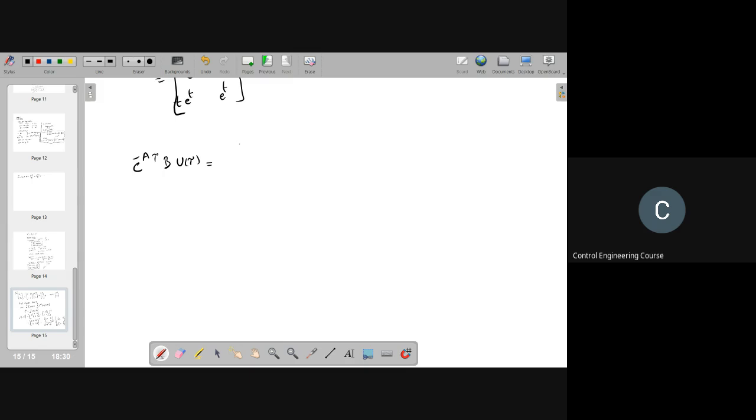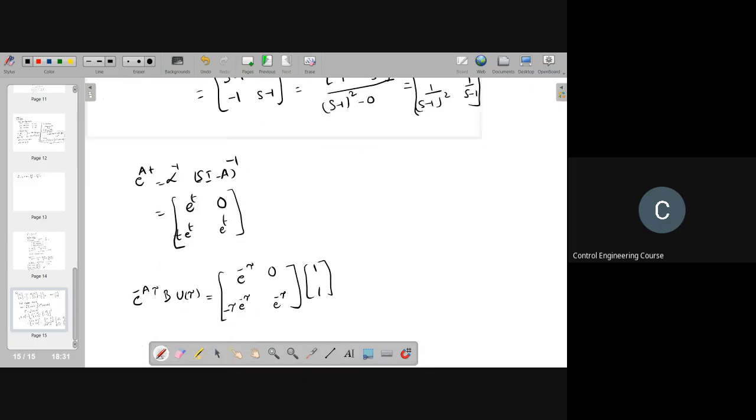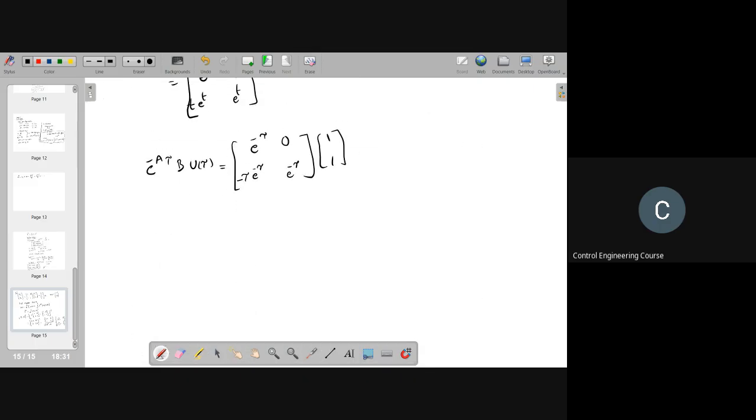So that is equal to [e to the power of minus tau, 0; minus tau e to the power of minus tau, e to the power of minus tau], because we are writing minus tau, into b. B is nothing but your B matrix, [1; 1], times u of tau.